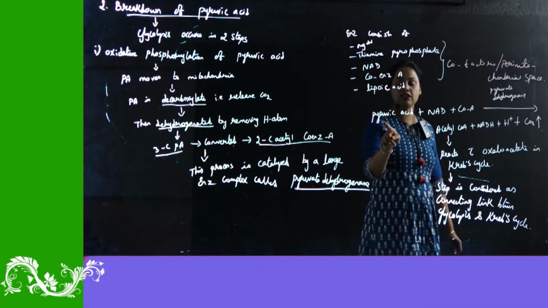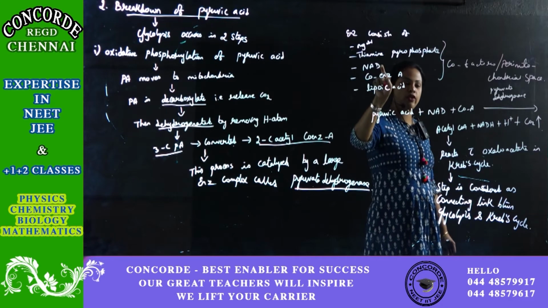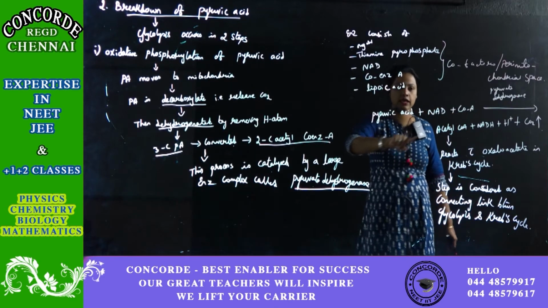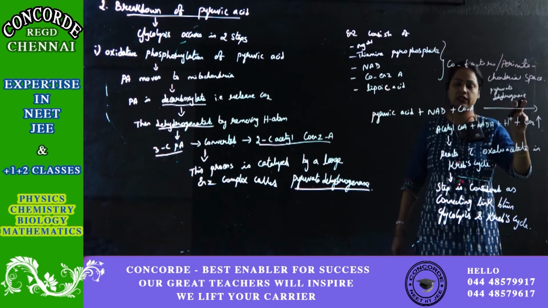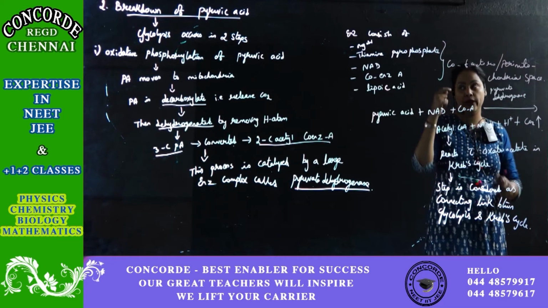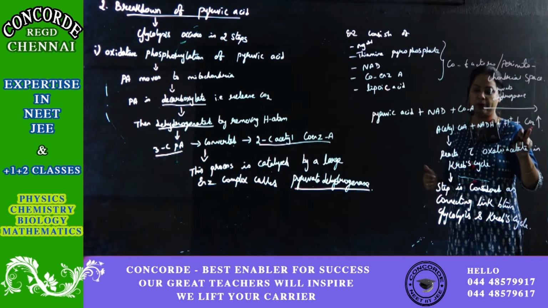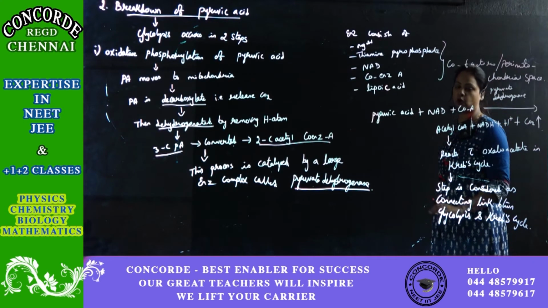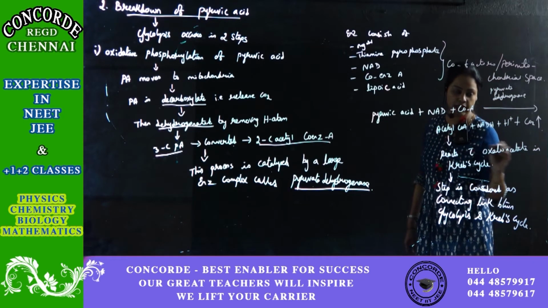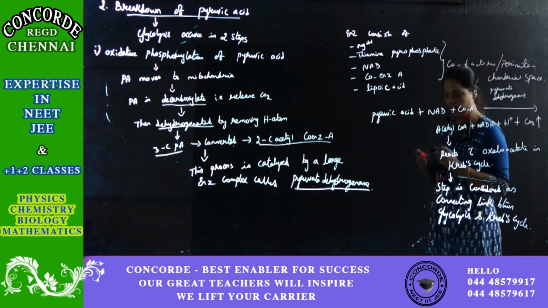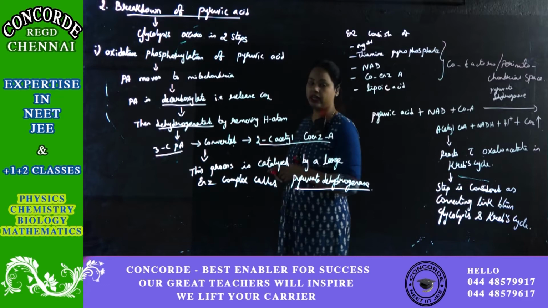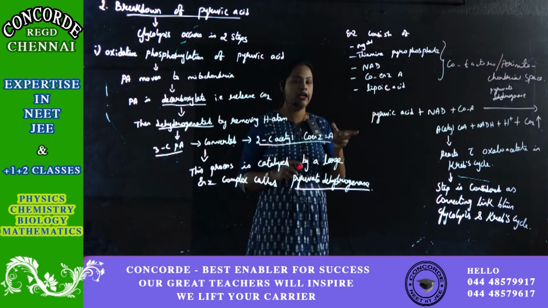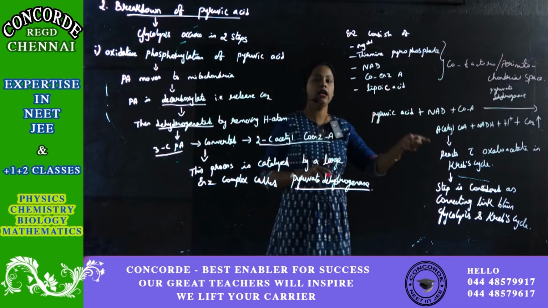Pyruvic acid reacts with cofactor NAD plus and coenzyme A. With the help of pyruvate dehydrogenase, it produces acetyl CoA plus NADH plus H plus carbon dioxide. This acetyl CoA reacts with oxaloacetate in the Krebs cycle. So this breakdown of pyruvic acid is a connecting link, a bridge, between glycolysis and Krebs cycle.